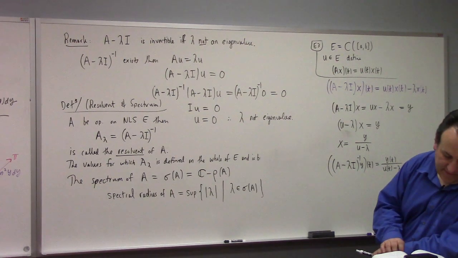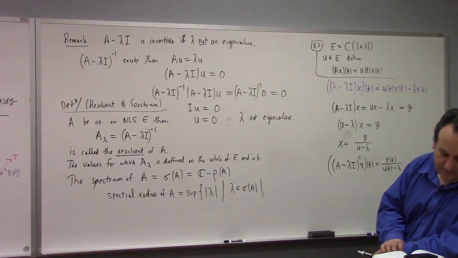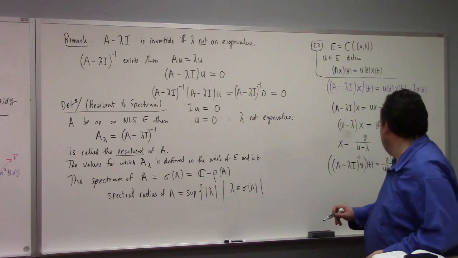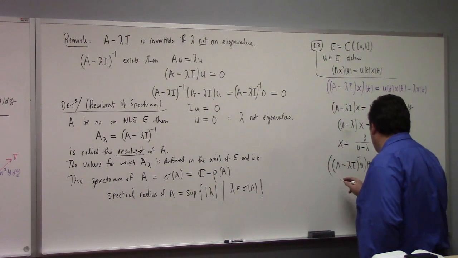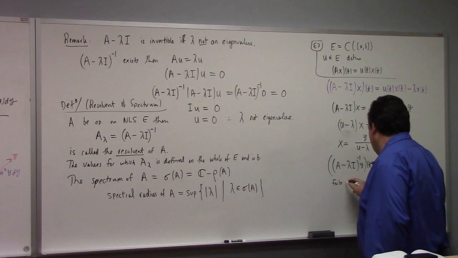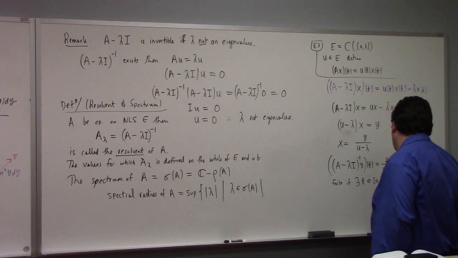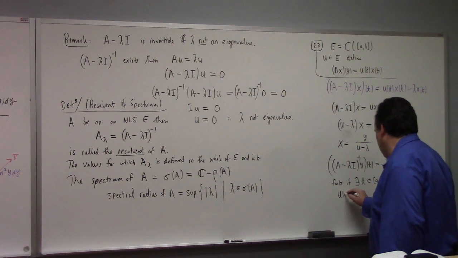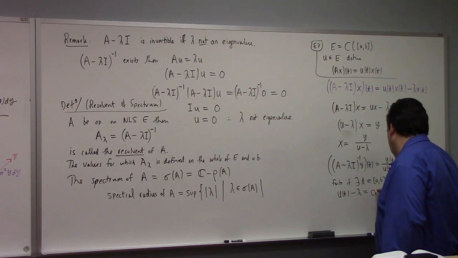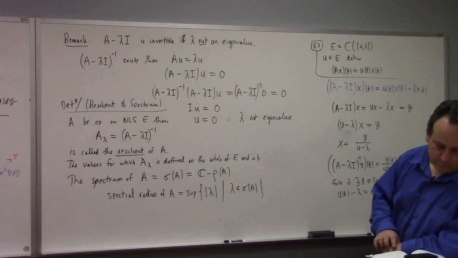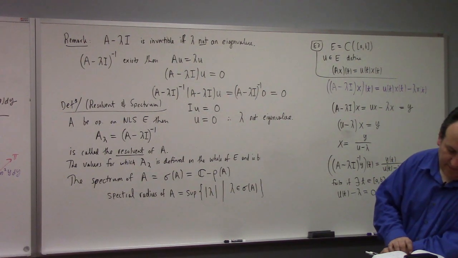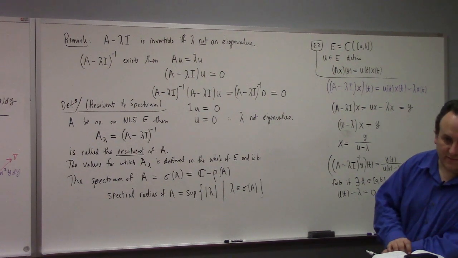The spectrum of A consists of all lambdas such that, okay, so when does this fail? It fails if there exists t in [a, b] such that u of t minus lambda is equal to zero. That means that the spectrum of A is exactly the range of u, where u of t equals lambda.